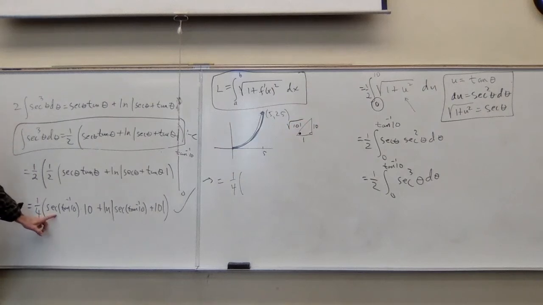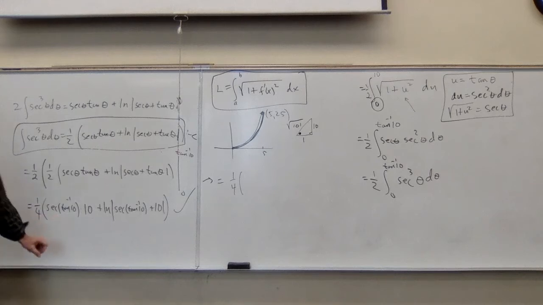So what's the secant of that angle? Secant is the opposite of cosine. Hypotenuse over adjacent. Could just be the root of 101.